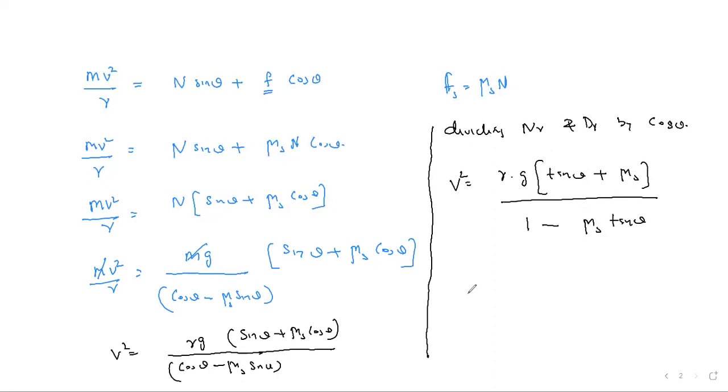This is v square. So we obtain v equal to square root of r into g into (tan theta plus mu s) divided by (1 minus mu s into tan theta). This is the relation to find the maximum velocity, v maximum.